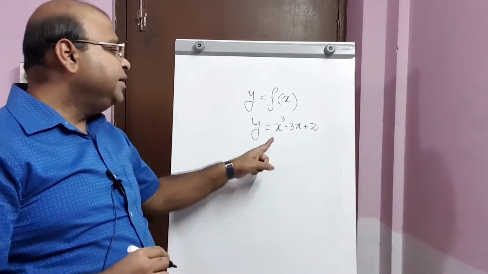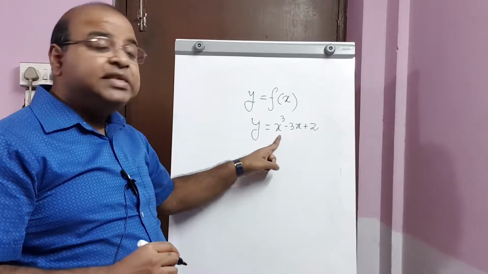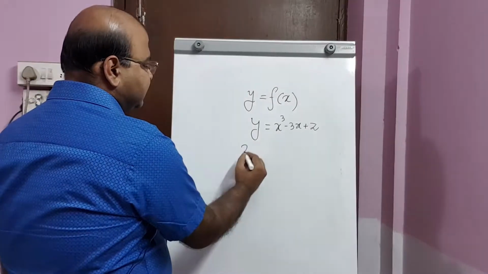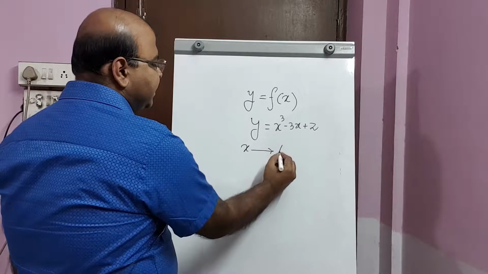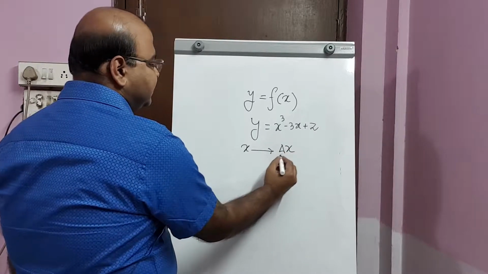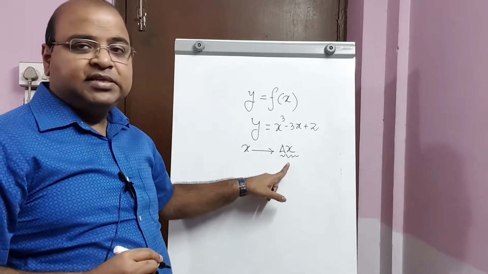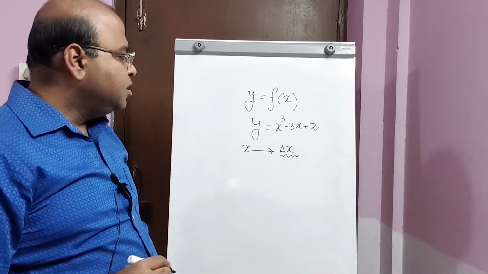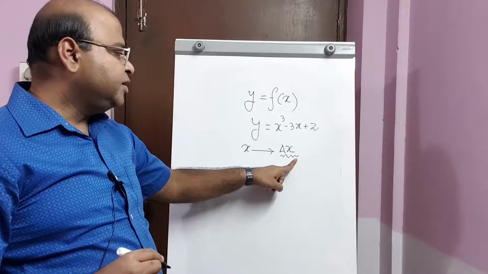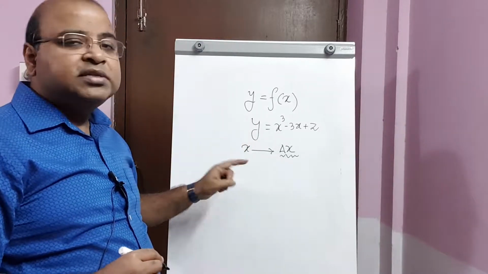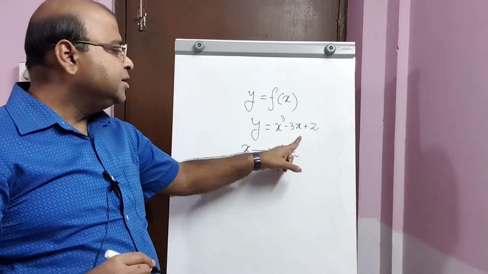Now if the independent variable x undergoes any change, say a change of amount delta x, this is the change which the independent variable suffers. As a consequence, the dependent variable y should also undergo a change because y is linked to x.